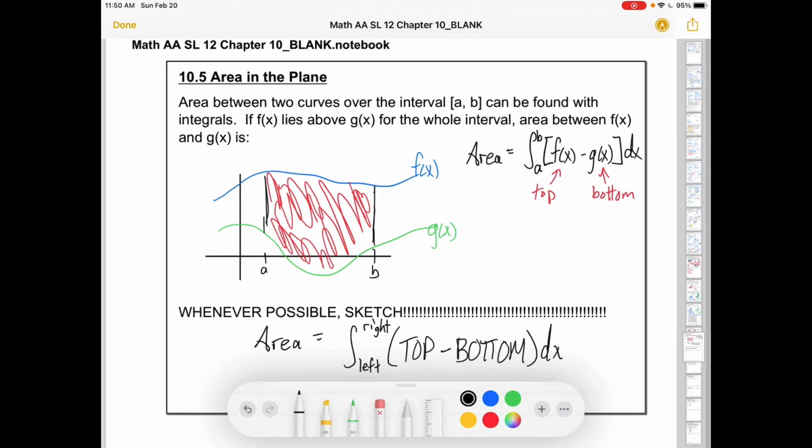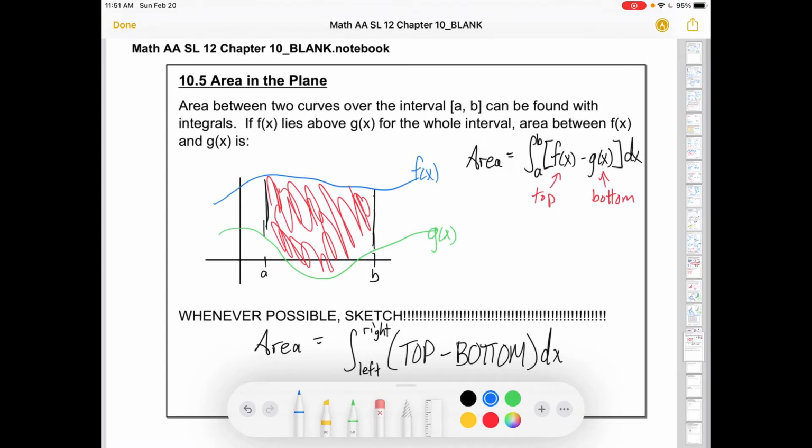Now, there are a bunch of subtypes, just depending on whether you know the actual boundaries or you have to find them, whether we're talking about area between the x-axis or the area between two other functions. So we'll go through some examples in the next two videos of progressively more complicated questions. All of it will boil down to this idea that area is the integral from left to right of the top minus bottom.